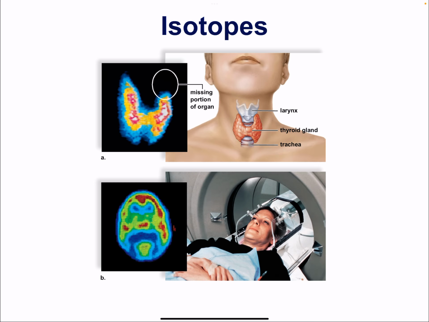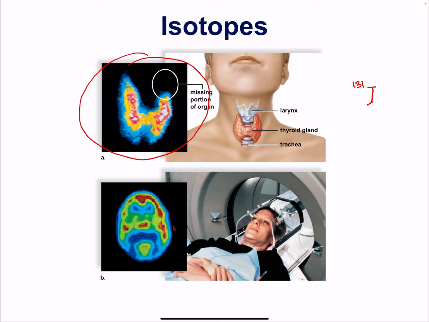Now, we use some isotopes, as I mentioned earlier, for diagnosis in medicine. For instance, here, we do have the imaging of a human thyroid. So it is possible to give a patient a solution containing iodine 131, which is a radioisotope.